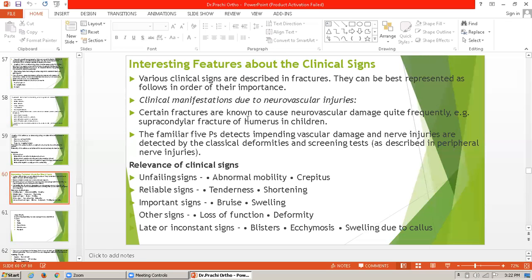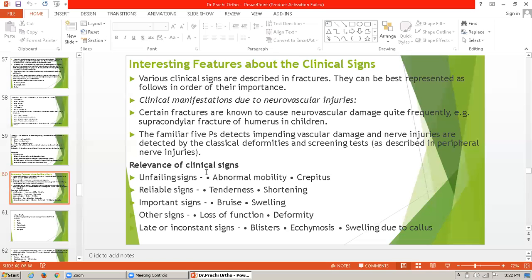Certain fractures are known to cause neurovascular damage quite frequently, for example, supracondylar fractures of the humerus, and the familiar 5 Ps detect the impending vascular damage, and nerve injuries are detected by the classical deformity and screening test, as described in peripheral nerve injury.